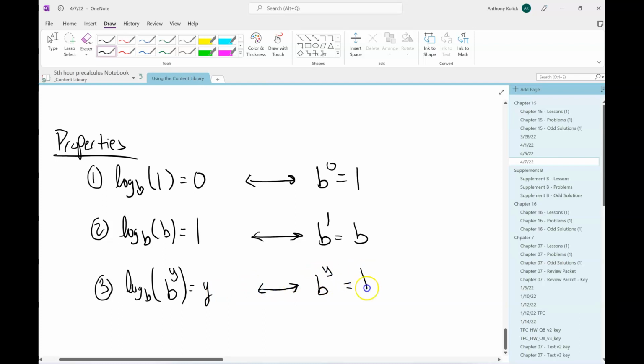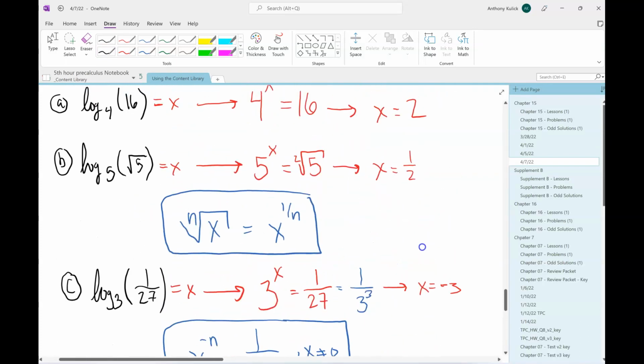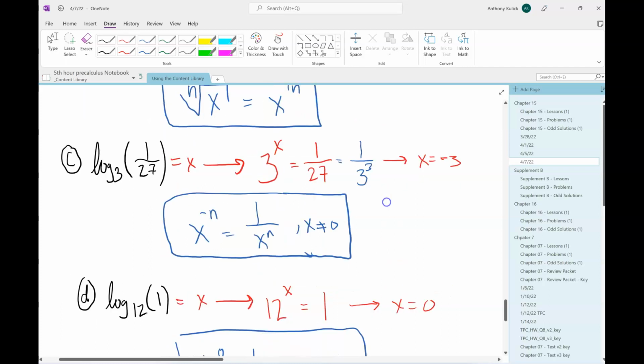Basically just saying that in exponential form, b to the y is equal to b to the y. Whoa! Shocking. This is what we observed in questions like A, B, and C. Everybody's cool with that? Okay.